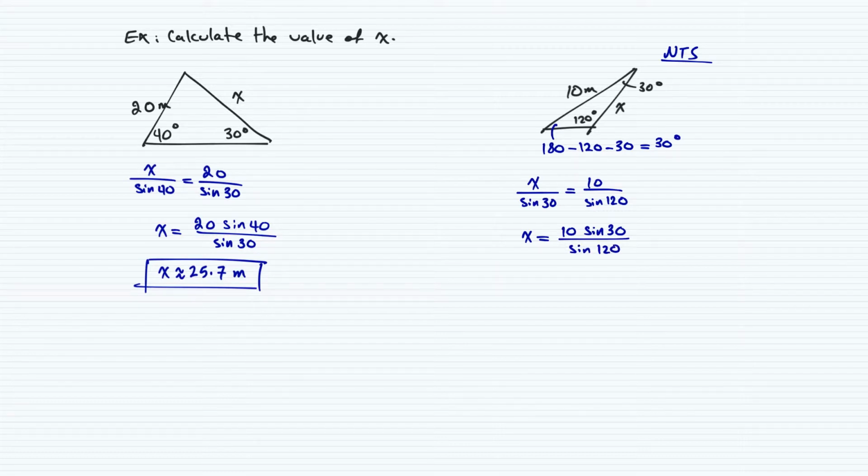30 and 120 are both special angles, so we can write this as 10 times half divided by root 3 over 2. And the 2's cancel out, and we're left with 10 over root 3, which is actually 10 root 3 over 3.